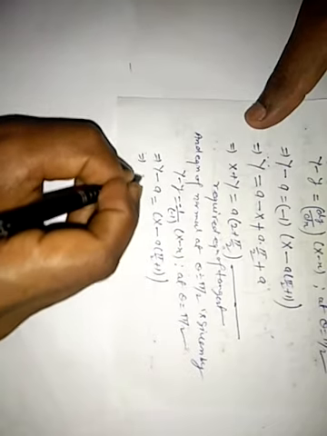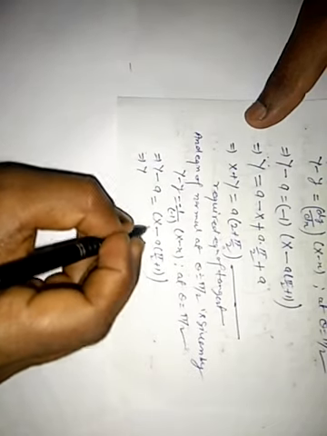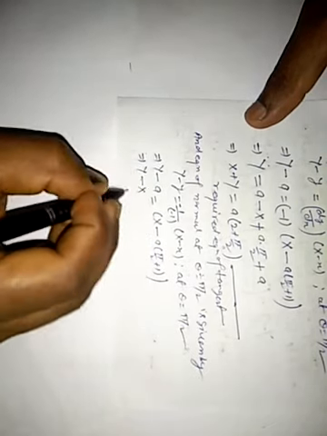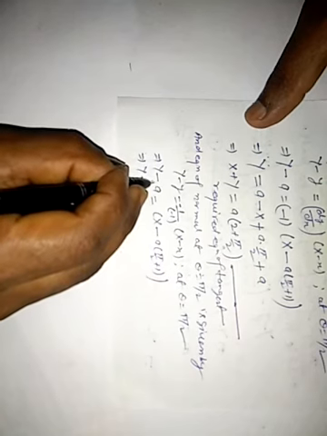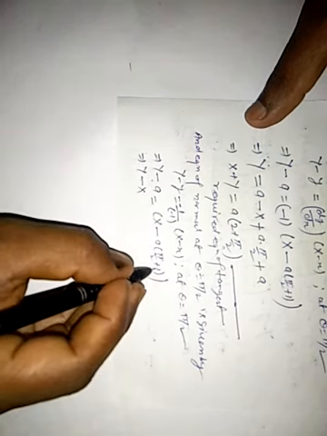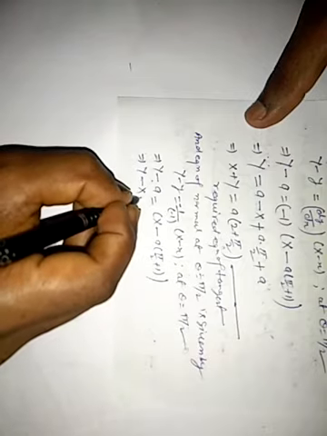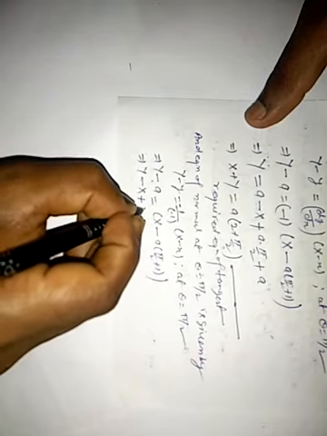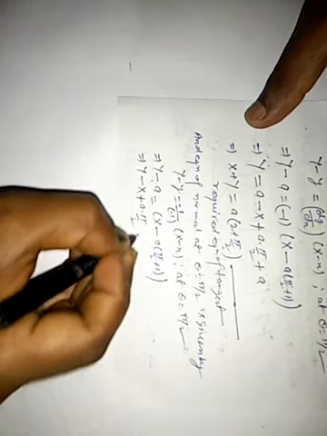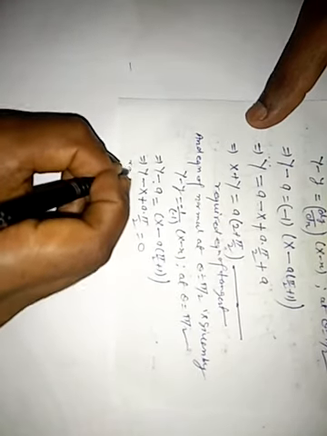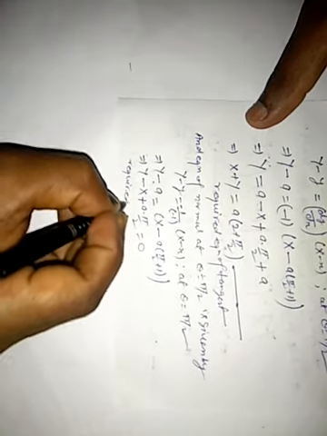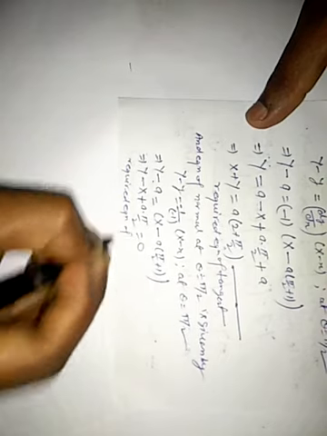Then it will be y minus x, and this minus a and this also minus a will cancel out. Then we get y minus x plus a pi by 2 is equal to 0. This is the required equation of normal.